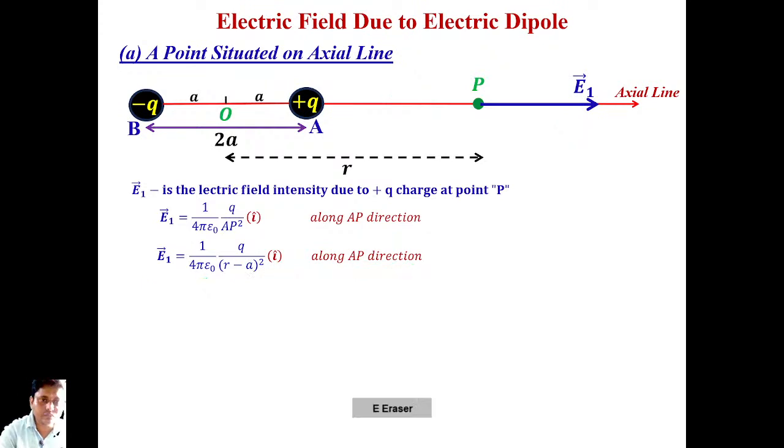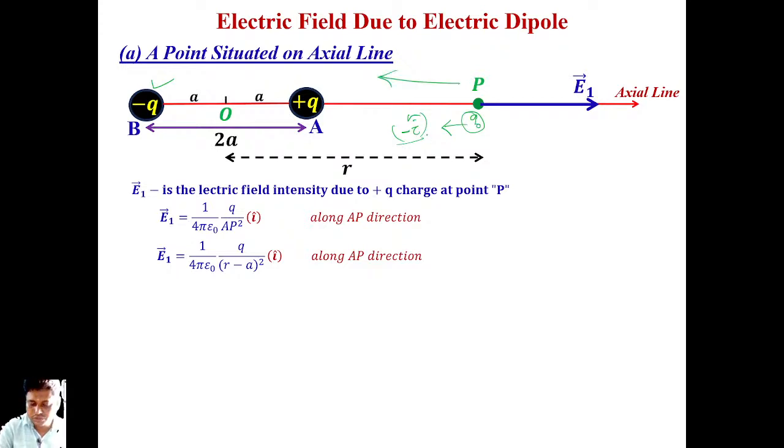Now if we consider the negative charge, and put a unit positive charge at P, then this unit positive charge will be attracted towards this direction, that means along the negative x-axis direction, that is minus i cap direction, or we can write along PB direction.